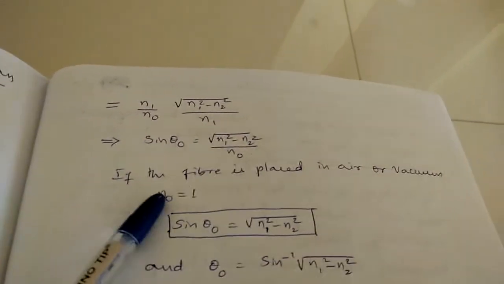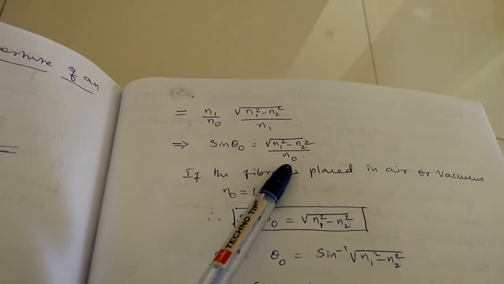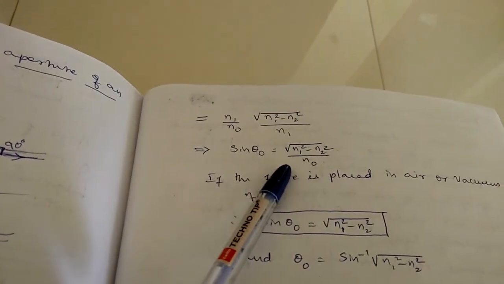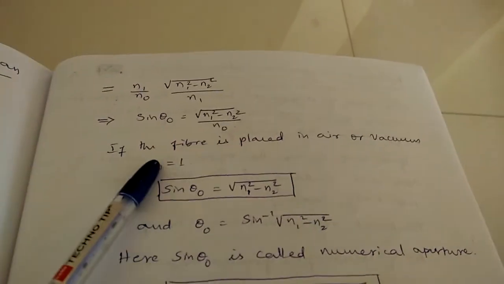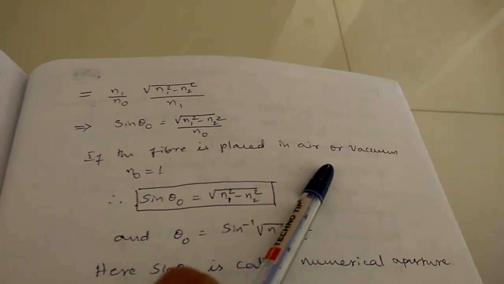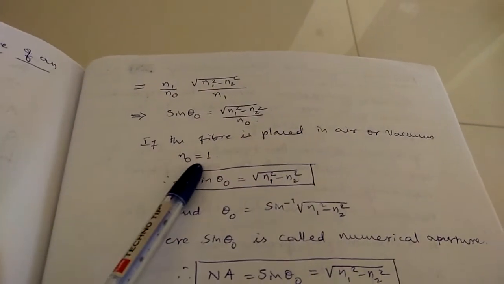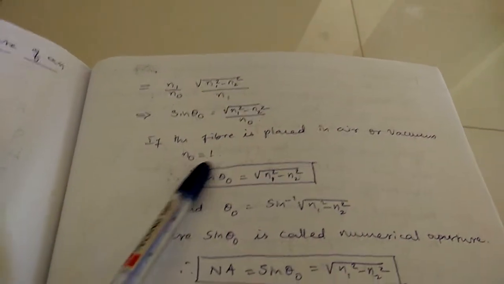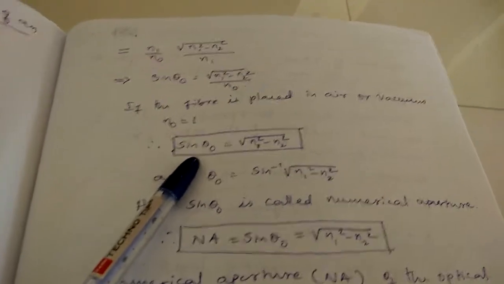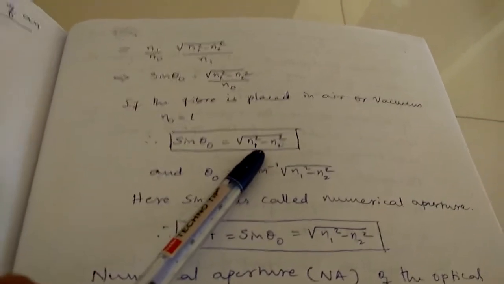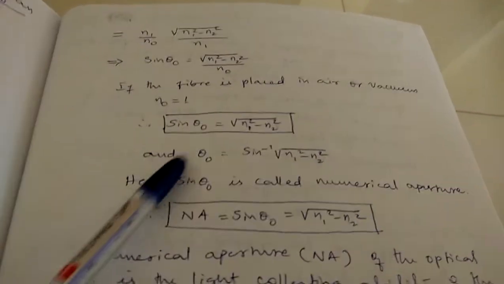What is this n naught? N naught is the refractive index of the outside space where this optical fiber is kept. Let us consider this as air or vacuum, for which n naught is 1. So n naught is equal to 1, we can substitute. So sin theta naught is equal to root of n1 square minus n2 square.